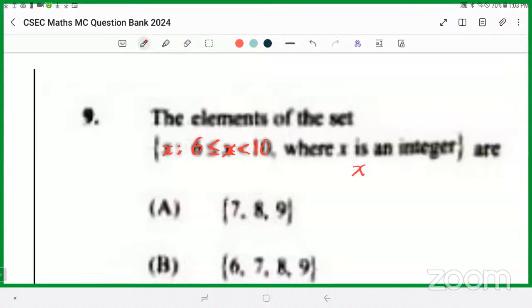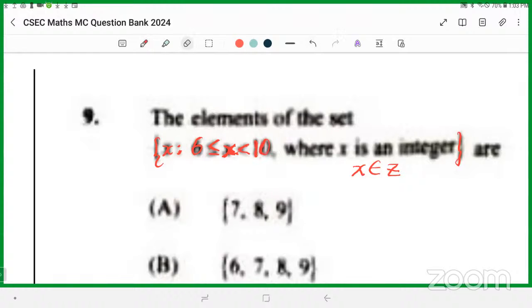So x is a member of the set of integers. That's what this is, and that is your set. So you're between 6 and 10, including the 6 but not including the 10. And you're an integer, meaning you're a positive or negative whole number.